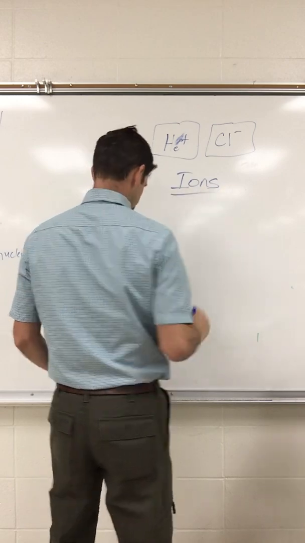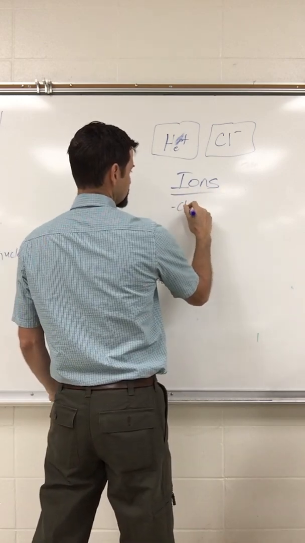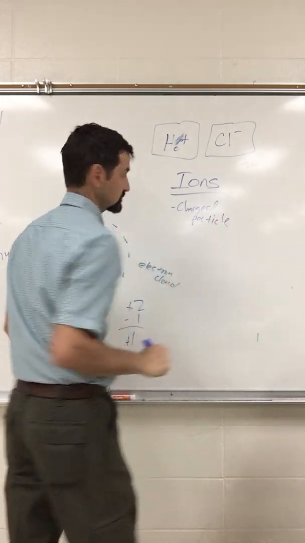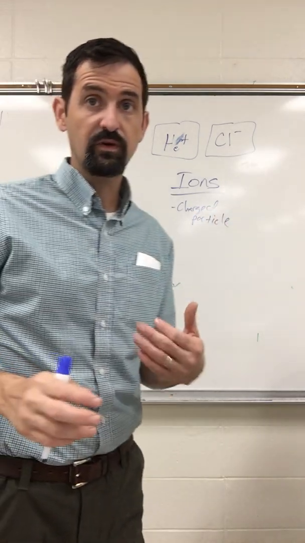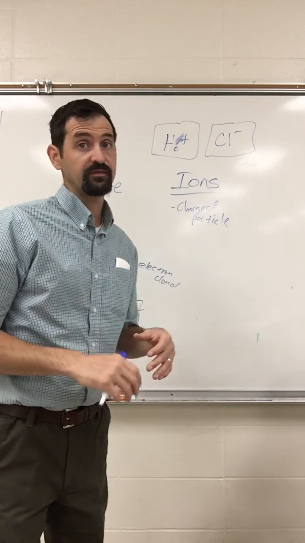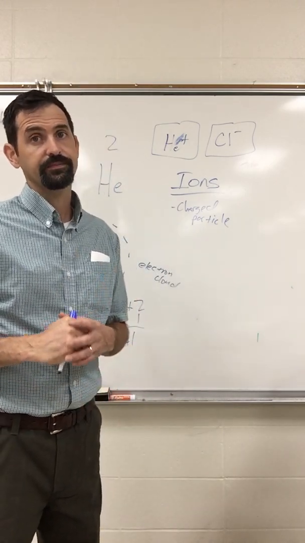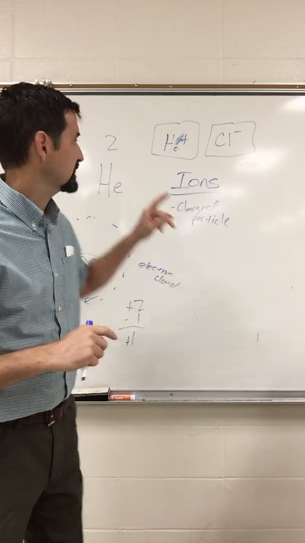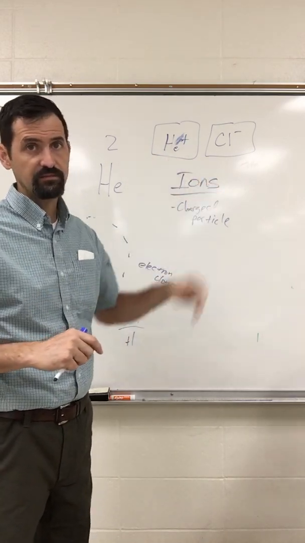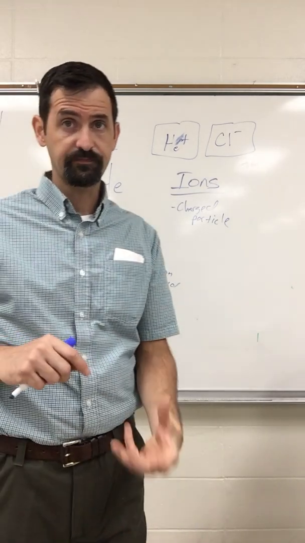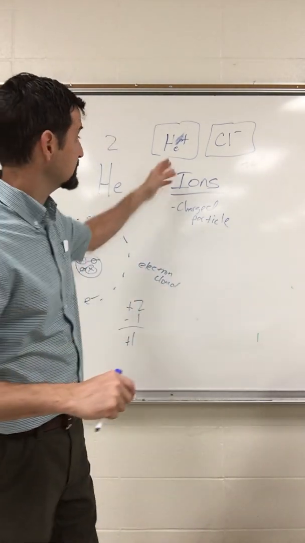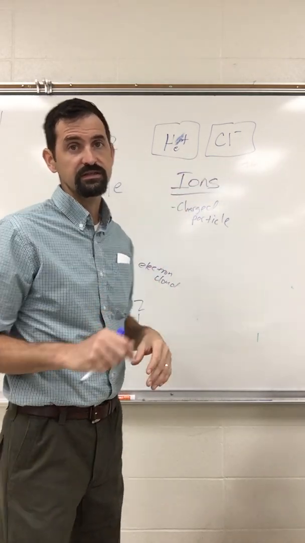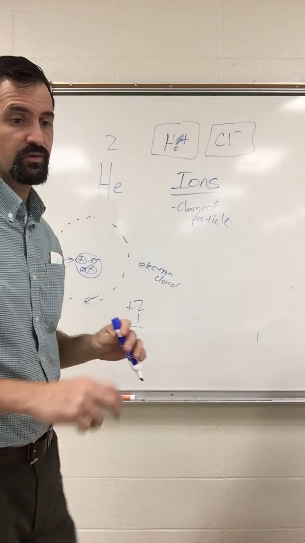This is just a charged particle. There are some ways of determining whether or not, if some atoms meet up, they're going to ionize or not. There are things that influence this. What we need to understand is that whenever you see these pluses or minuses on something, it means it's an ion, it's a charged particle. Cations are positively charged ions and anions are negatively charged ions. You don't necessarily need to know that, but that's how that terminology works.